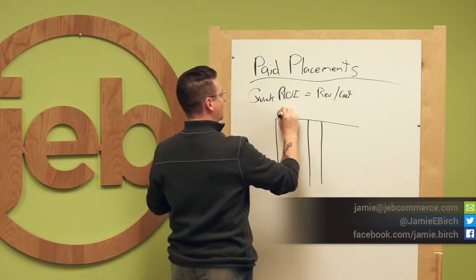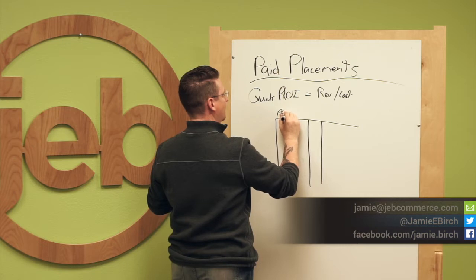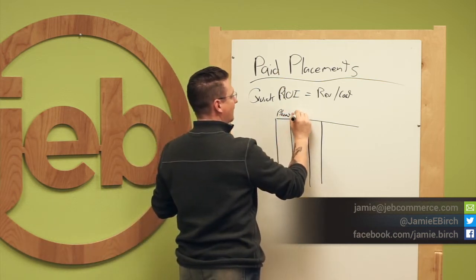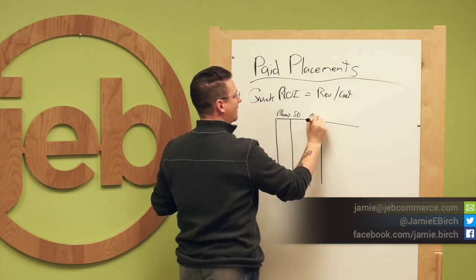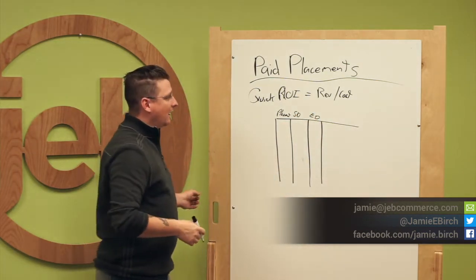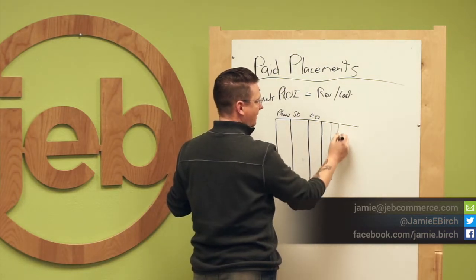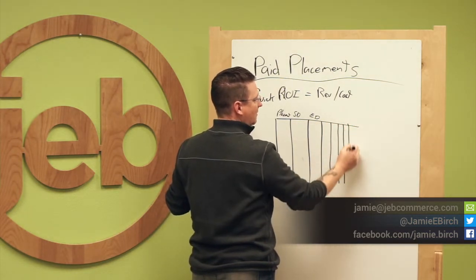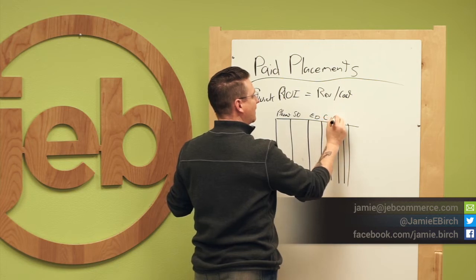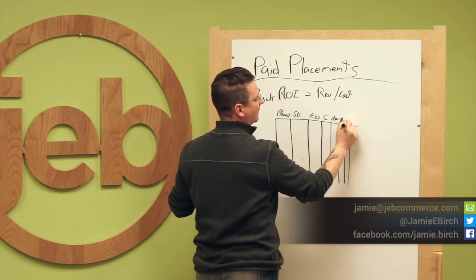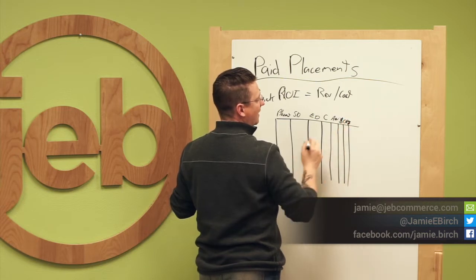So you got your placement on the left, and then your start date and your end date, which is basically your run time. And then you're going to grab all the metrics for that time frame that are important to you. So I like to track clicks, AOV, revenue, even conversion rate percentage.